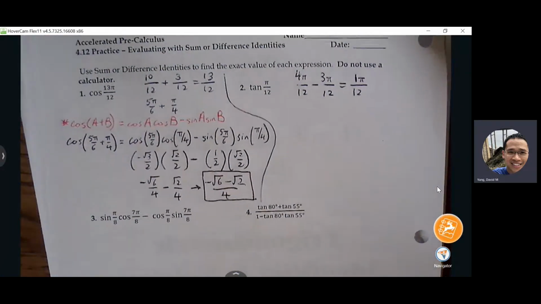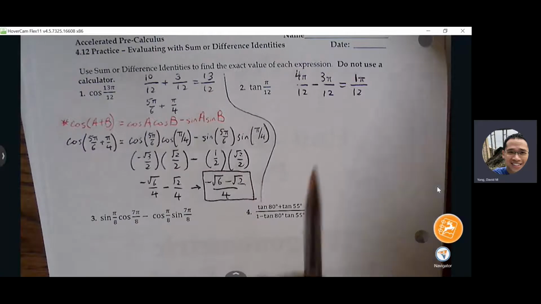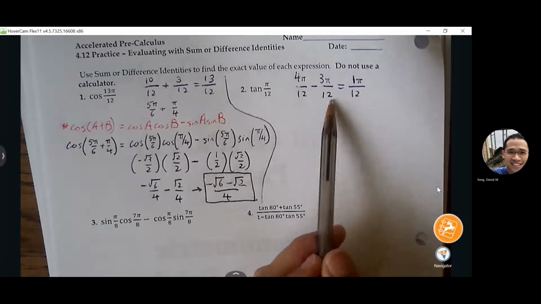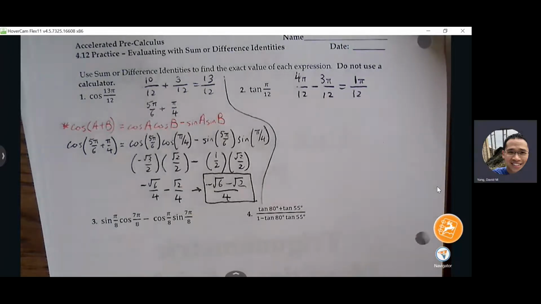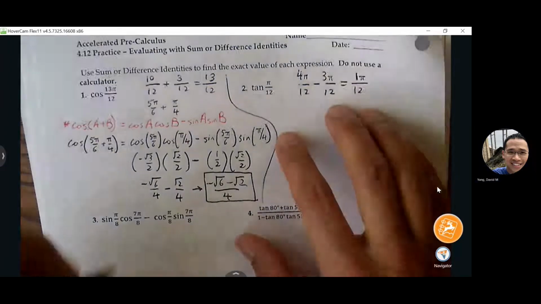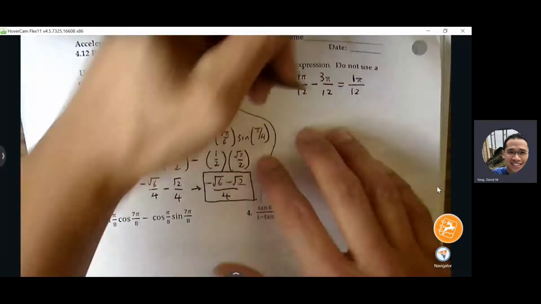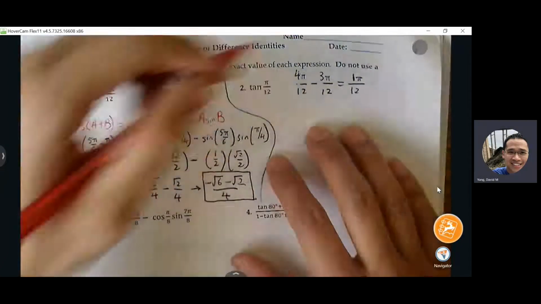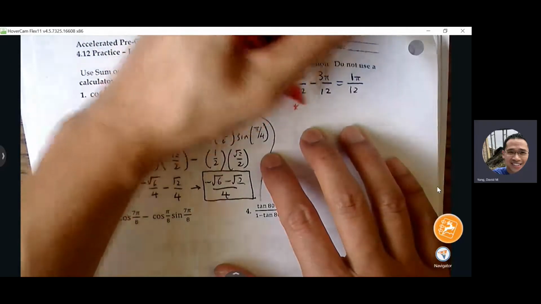Okay, so that works, right? 4π minus 3π is 1π over 12. And these are both measures we recognize. This is π/3, and this is π/4. So we can write this out as tangent of a minus b. Let me write that rule above.